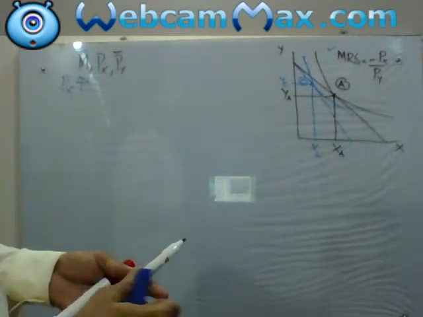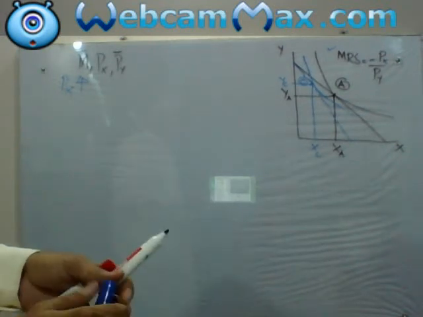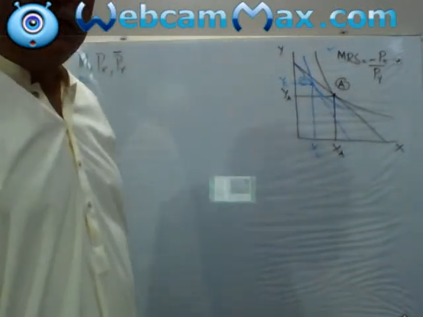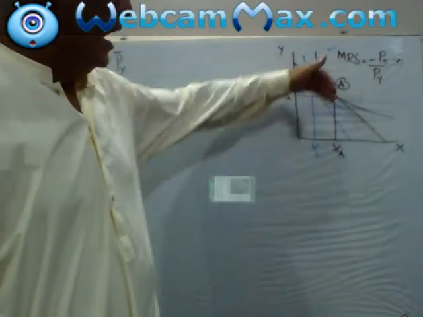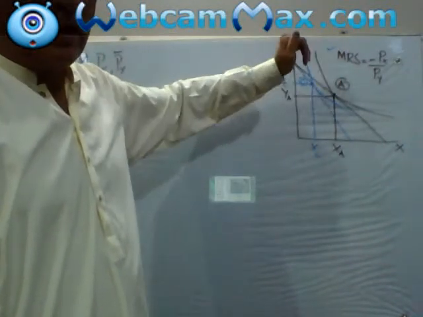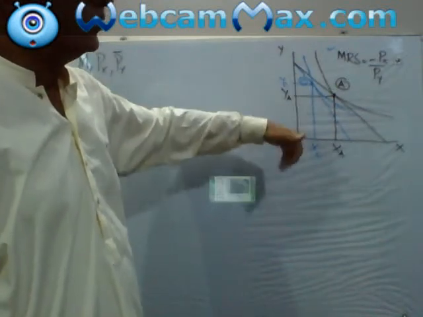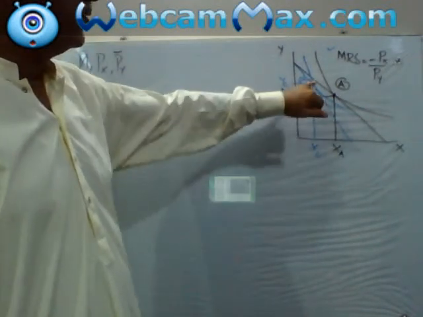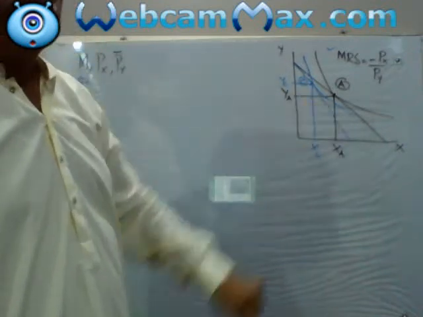So what happens as a result of the price increase? The consumer is worse off. The consumer attains a lower satisfaction level, as purchasing power reduces at the new price ratio. Okay, and the consumer is worse off because the consumer's real income changes.